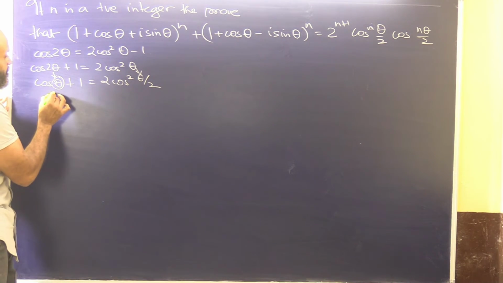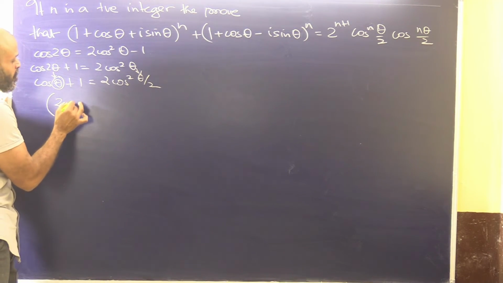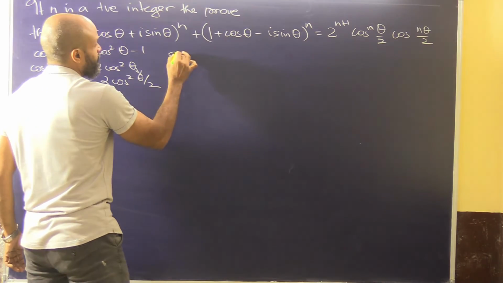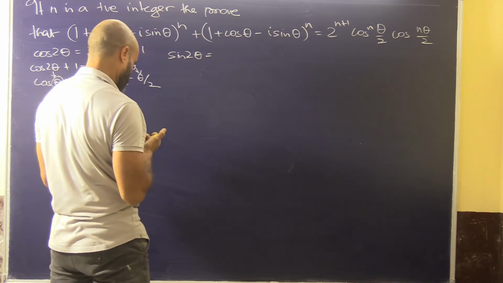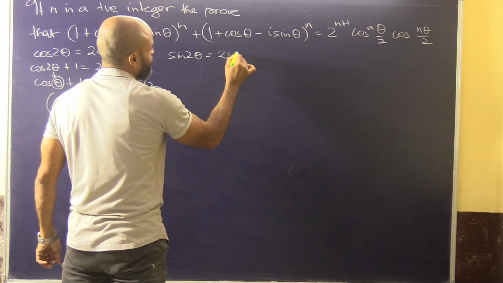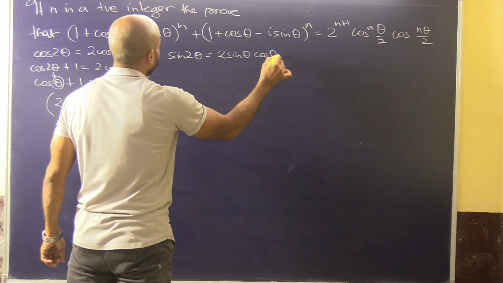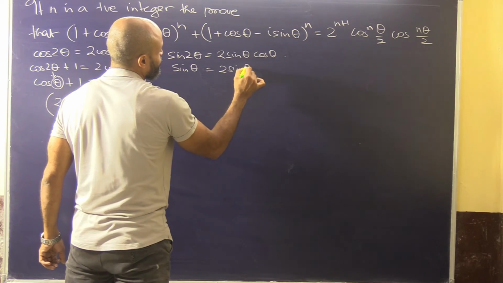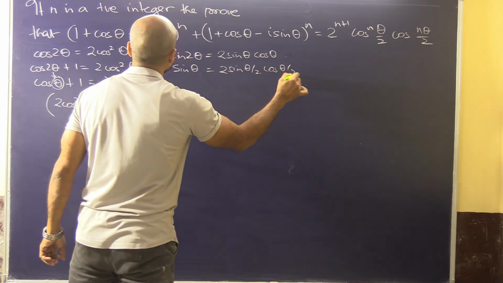So here we can write 2cos²(θ/2) plus, now sin θ, we know sin 2θ is equal to 2 sin θ cos θ. So obviously sin θ will be equal to 2 sin(θ/2) cos(θ/2).